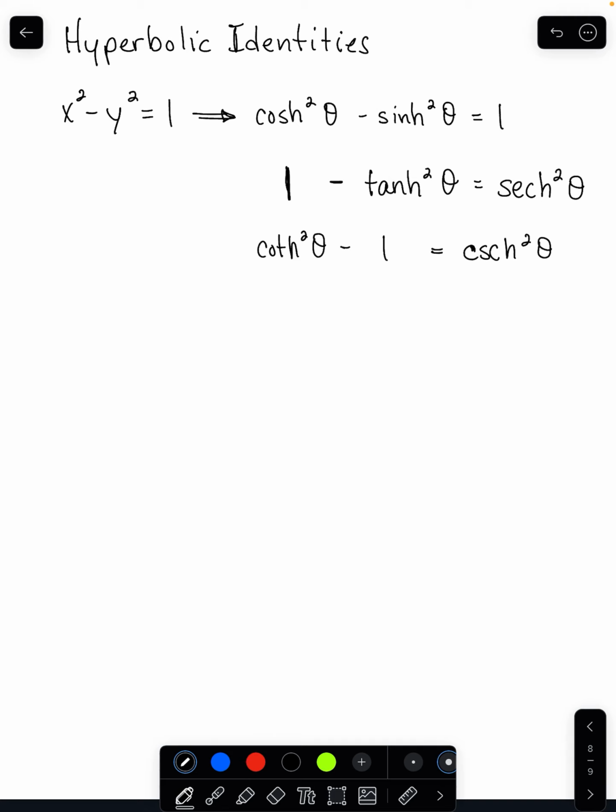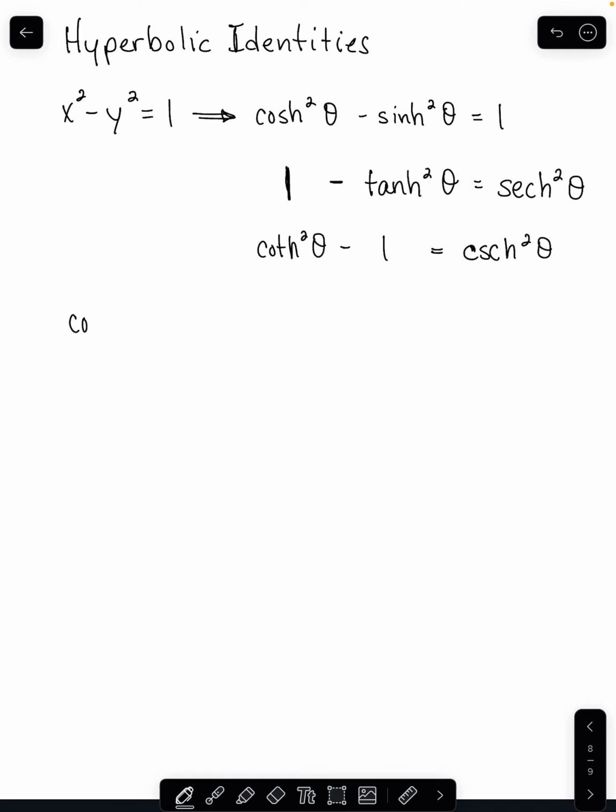There are other identities that are similar in how they work for both trigonometry and for the hyperbolic functions. For example, there is a trigonometric identity that says that the cosine squared of x is equal to 1 plus the cosine of 2x over 2. This also extends to hyperbolic functions.